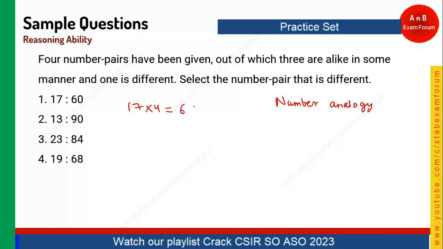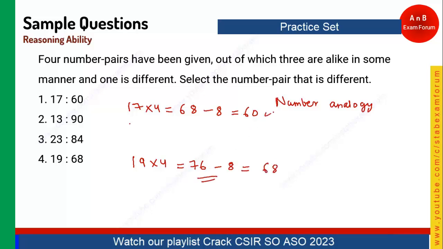Yes, 68. And if we subtract 68 minus 8, we get 60. Let's go with the last option. 19 into 4 is 76. And 76 minus 8 is 68. Okay, so we got this series.